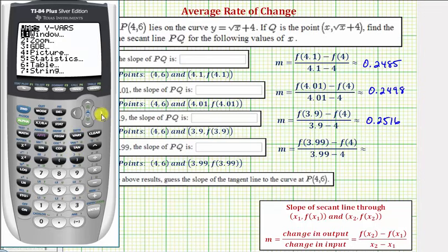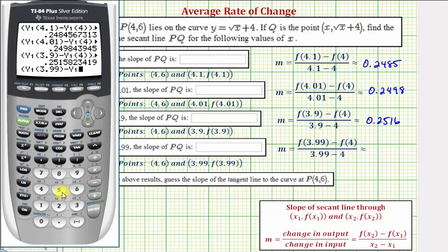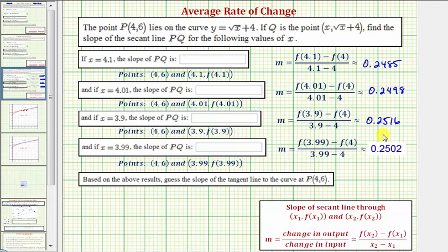So VARS, right arrow, enter, enter, in parentheses 4, another close parenthesis for the numerator, and then divided by our denominator in parentheses, which is 3.99 minus 4. So to 4 decimal places, we have approximately 0.2502.